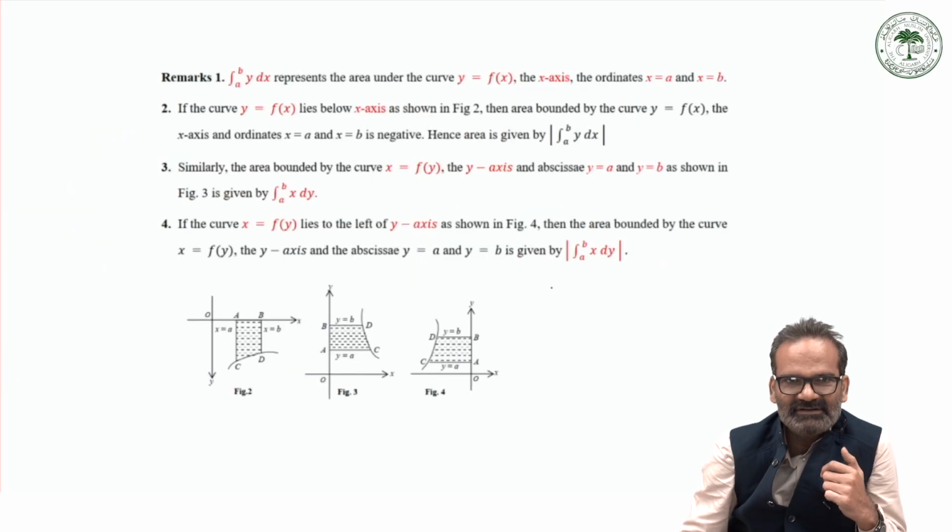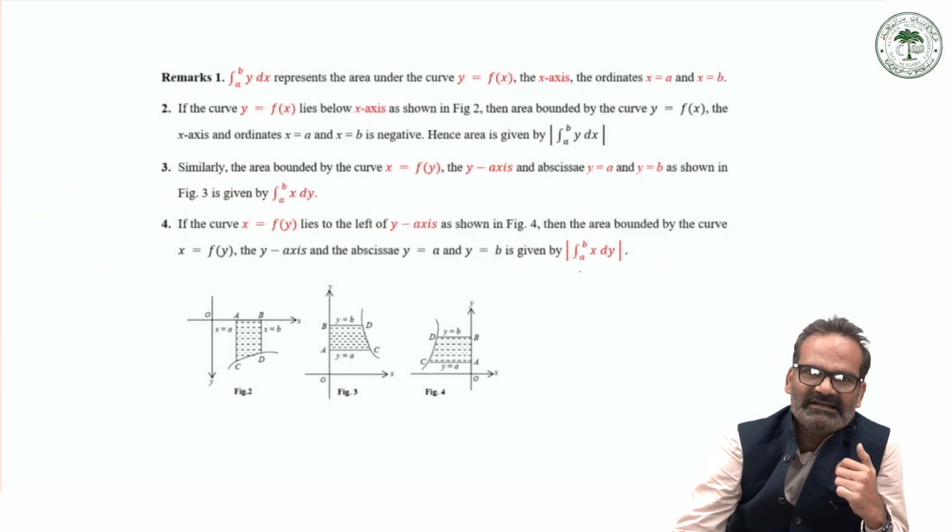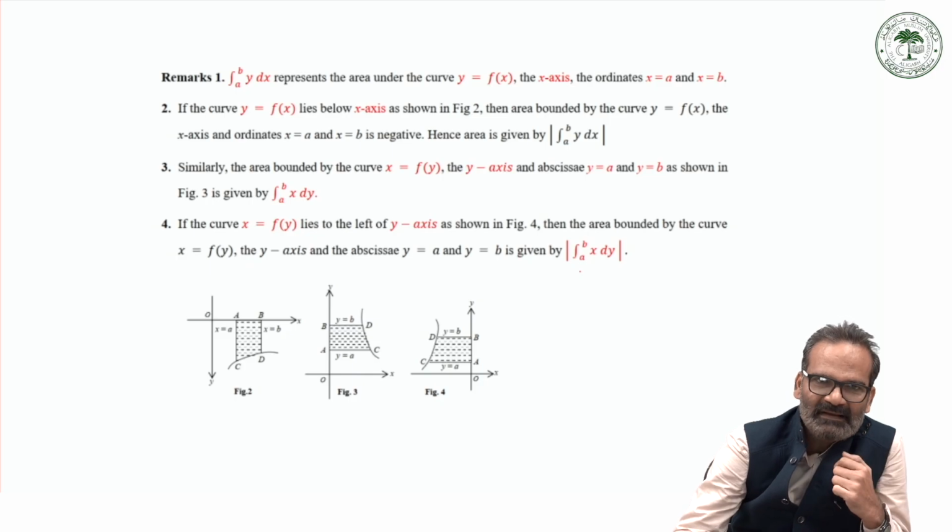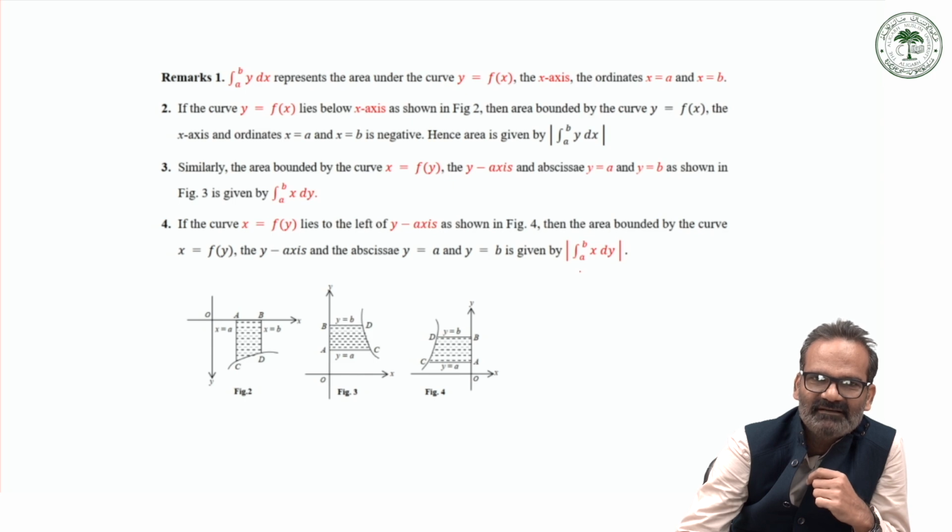Let us proceed. Before proceeding to the numerical questions, look at a few remarks. The integral of y dx from a to b represents the area under the curve y = f(x), the x-axis, and the ordinates x = a and x = b.